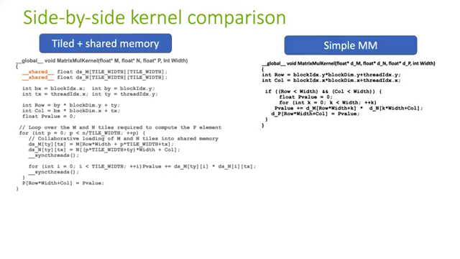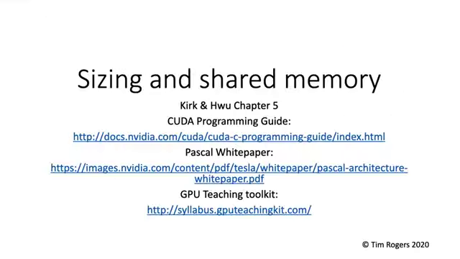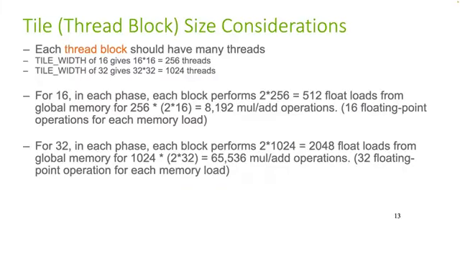All right. Now we have a bunch of math on sizing, exactly to your previous point. Each thread block should have many threads. Obviously, we don't want one; we want it to be at least the width of a warp. We're going to have these squares of the matrix that we're pulling out.